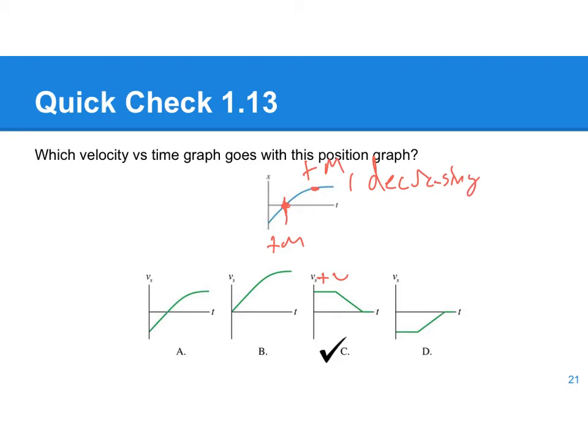So on the velocity versus time graph, I see a decreasing slope, and then at the way end, my slope is 0, so my velocity is 0. Now, this little chunk in the middle has to have acceleration. And we'll talk about that later on in this chapter.